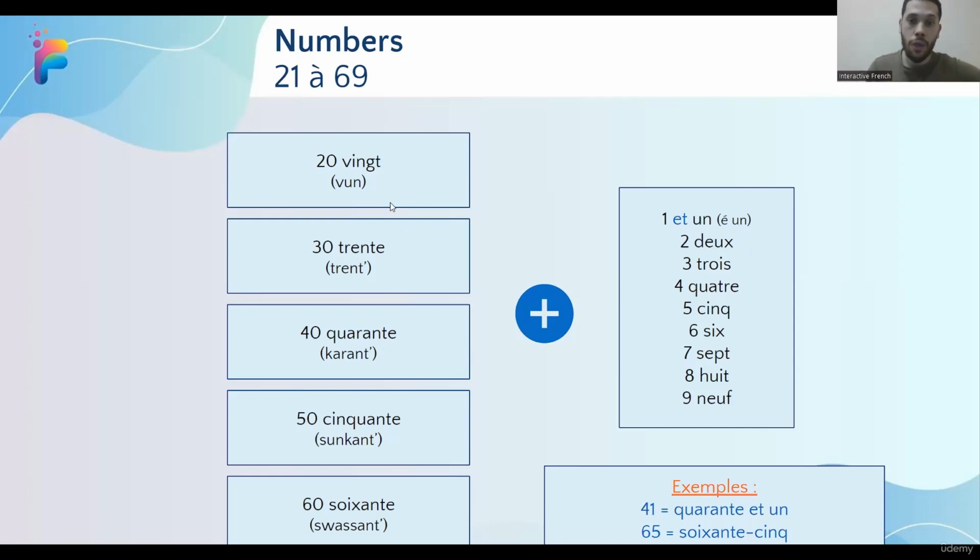Next, let's get to 30. So 30 will be 30. All right. Then we have 40. Again, remember, like I said last video, make sure you don't pronounce the 40 like quarante, right? With the QU. It's just 40, okay? Moving on now to 50.